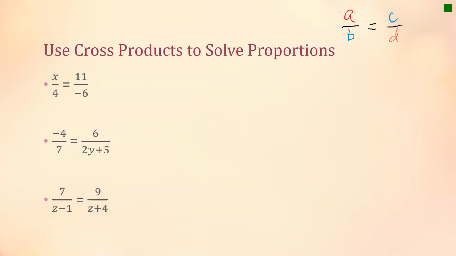All right, well, now if two ratios are equal, then we call that a proportion. And in looking at two ratios, we have what are called the extremes and the means.